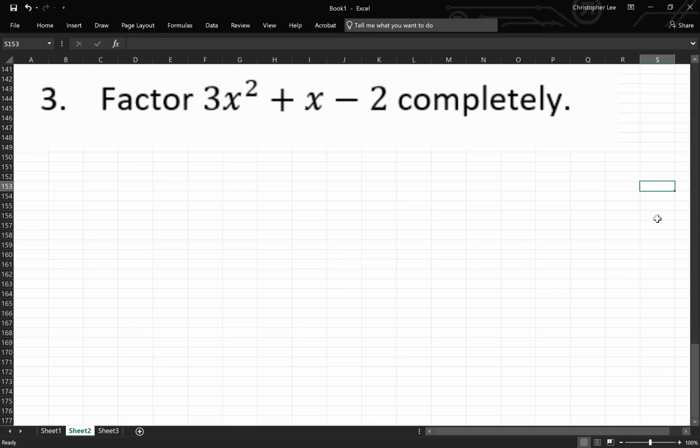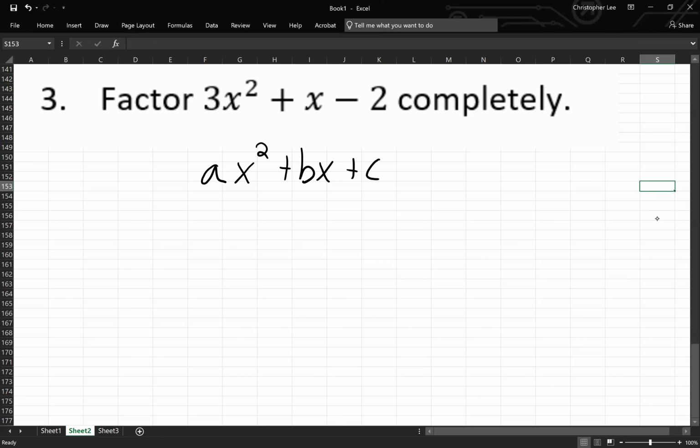How would you like to do it? AC method, everybody vote for that? All right, no problem. So remember, first thing you got to do when you're using the AC method, you have to have it in standard form, right? So standard form is ax squared plus bx plus c.